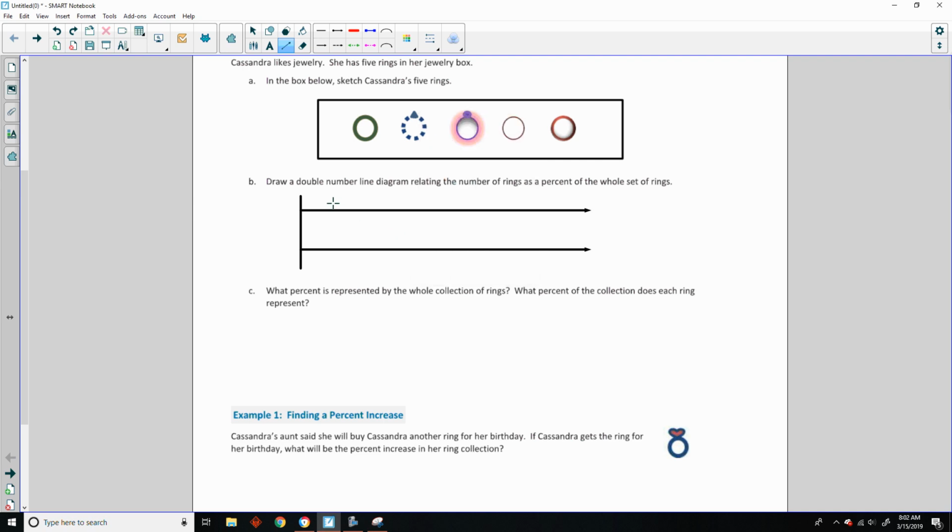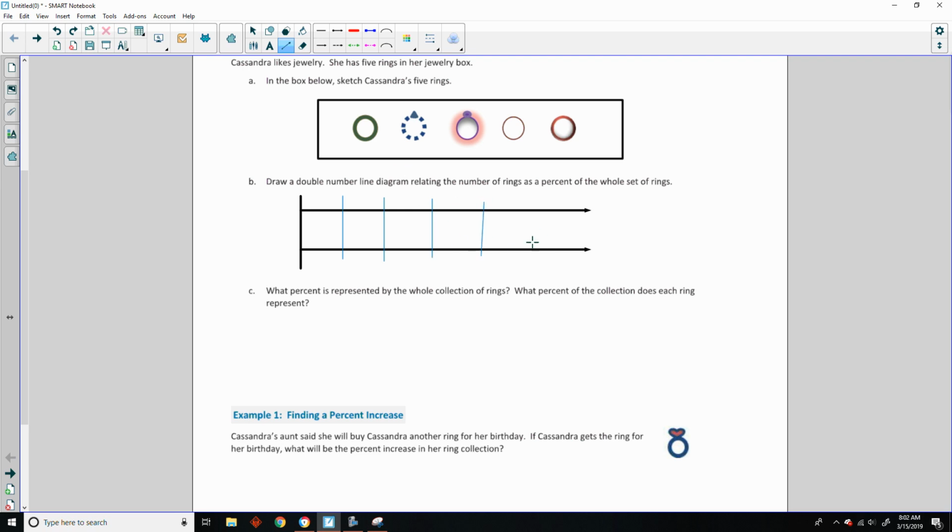To do this, we want to just duplicate our lines, and if I continue going out, they should be the same distance apart. I'll move these a little bit after.